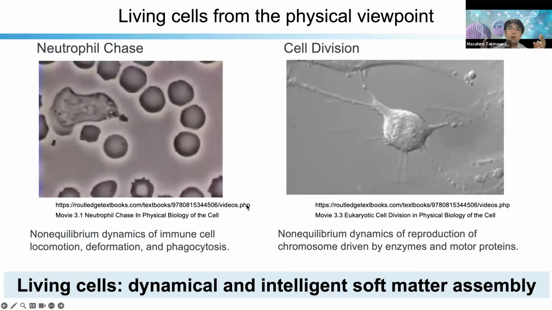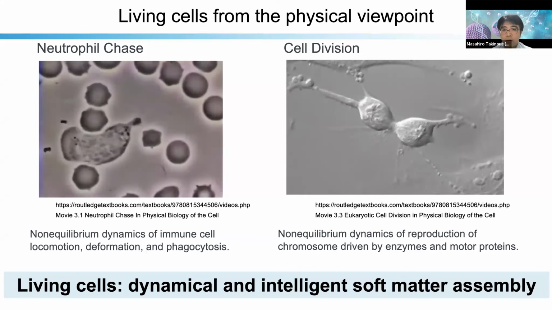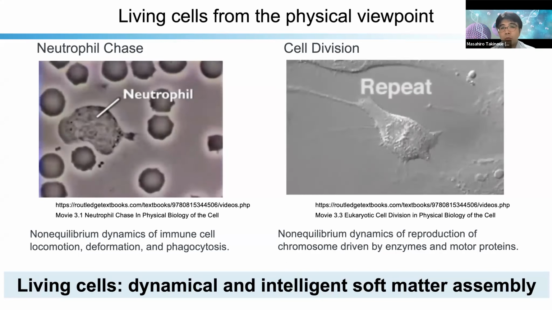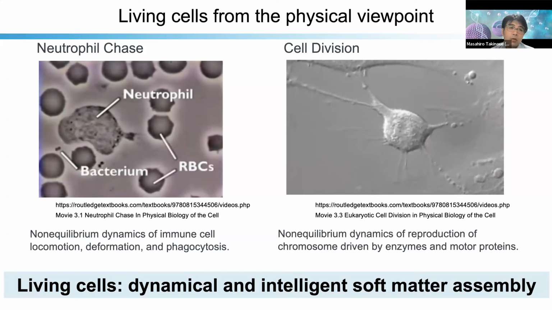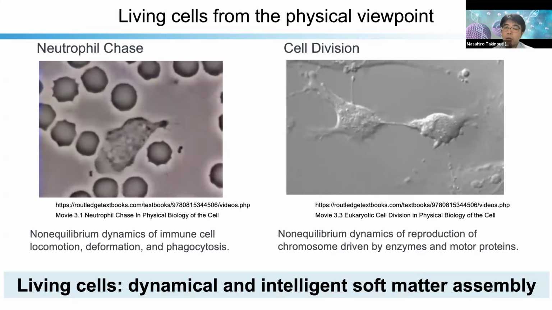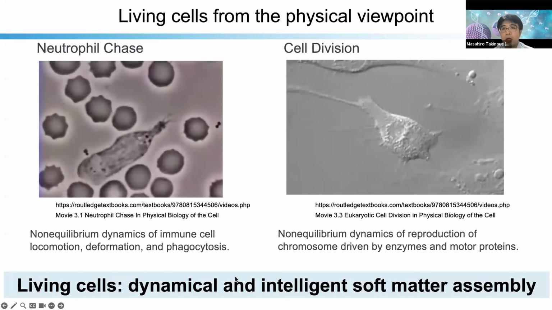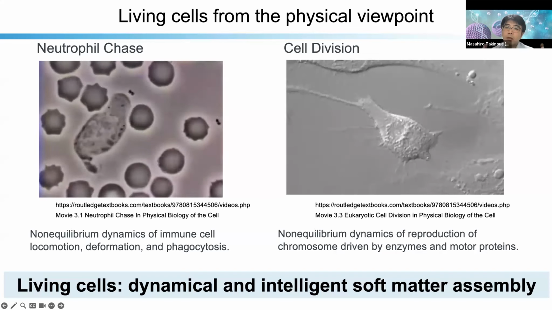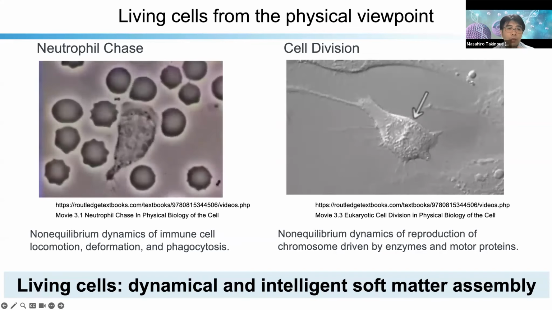As you know, living systems are very dynamical. The left one is a famous movie of a neutrophil chasing a bacterium. The neutrophil shows non-equilibrium dynamics such as locomotion, deformation, and phagocytosis also.